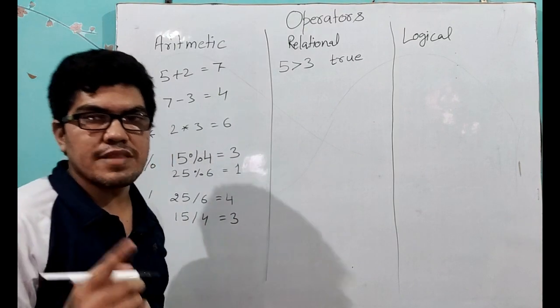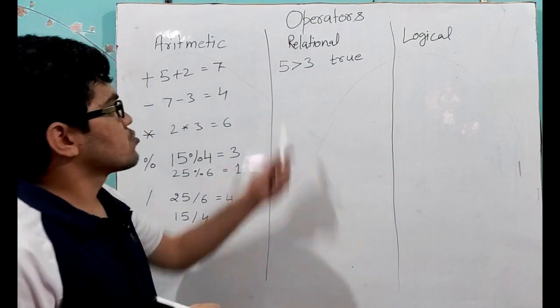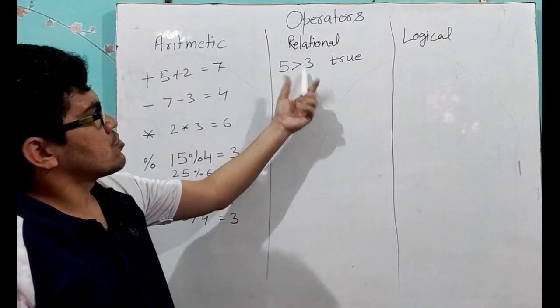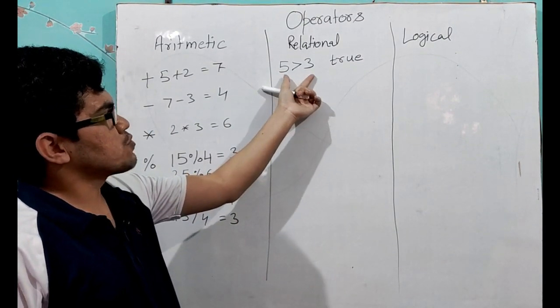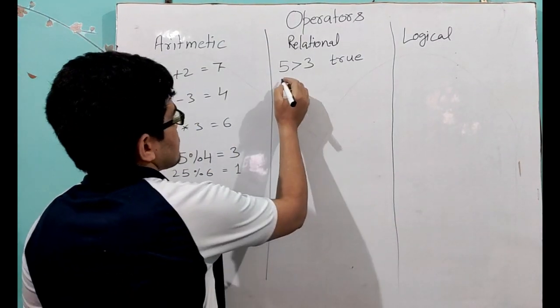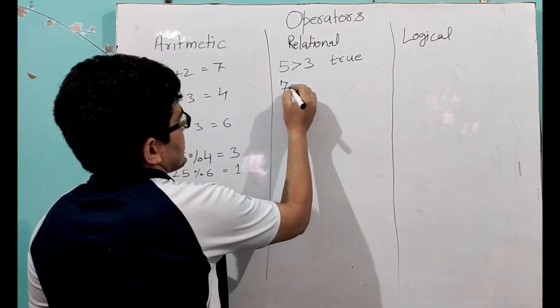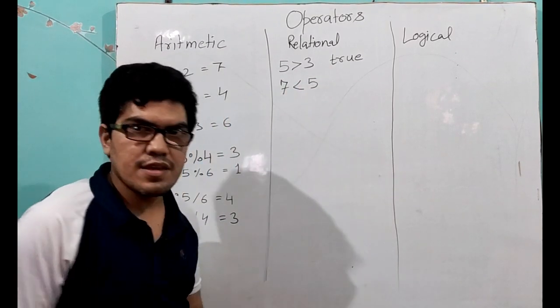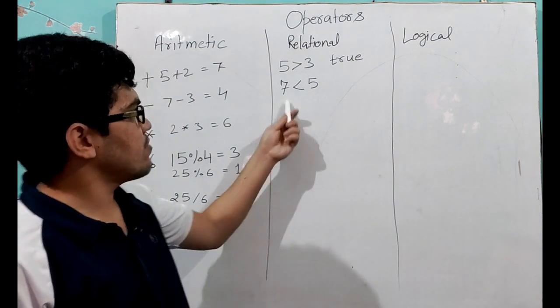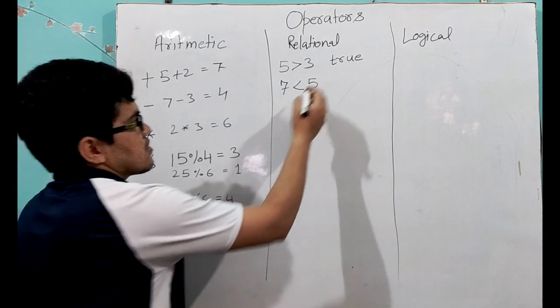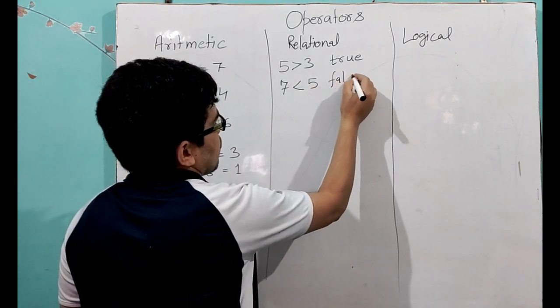If no, then false. So 5 is greater than 3, yes. So the result of this expression is true. Next is 7 less than 5. Tell me, is 7 less than 5? No. So the answer will be false.